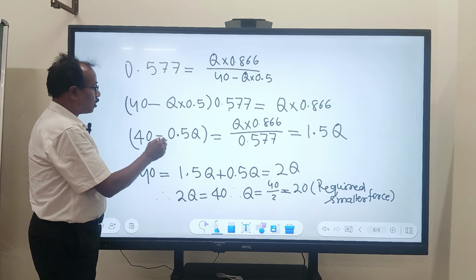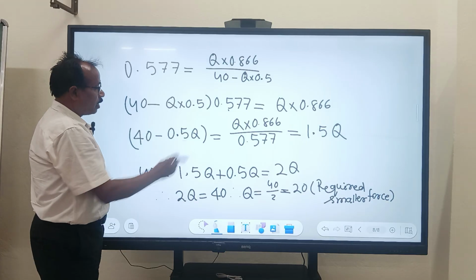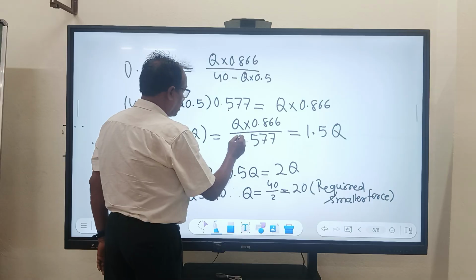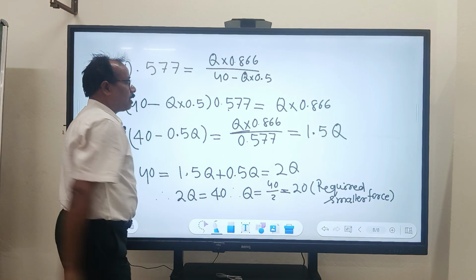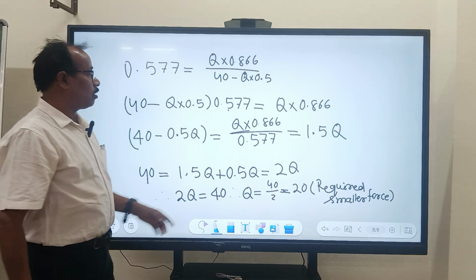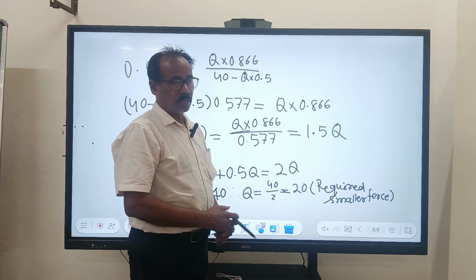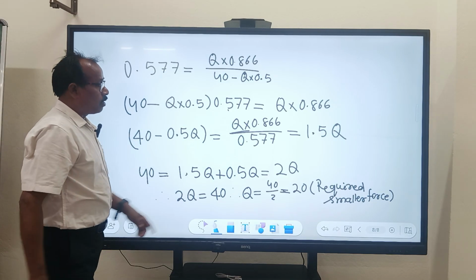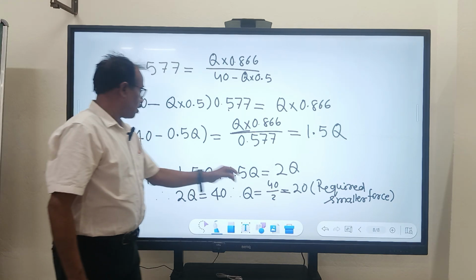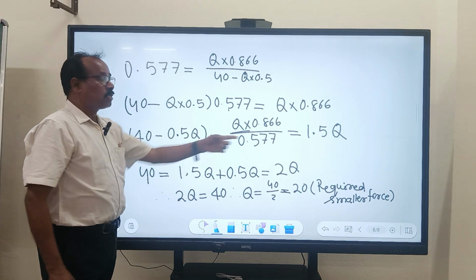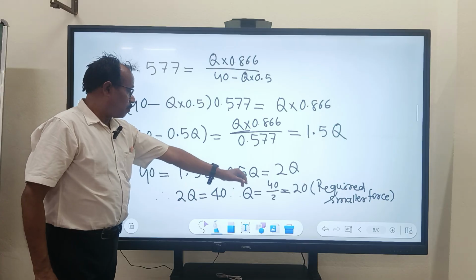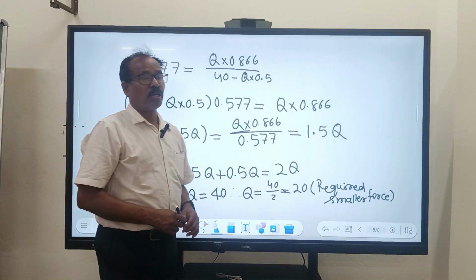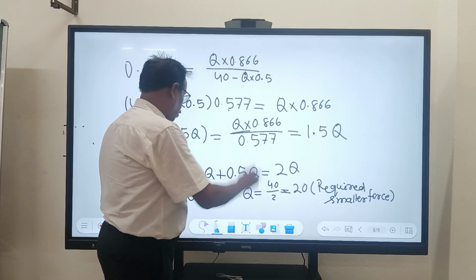Therefore, 40 minus 0.5Q is equal to Q into 0.866 divided by 0.577, which is 1.5Q. Therefore, 40 is equal to 1.5Q plus 0.5Q is equal to 2Q.